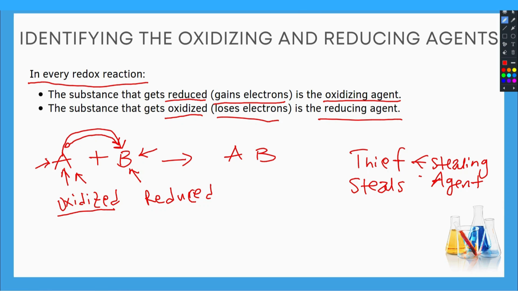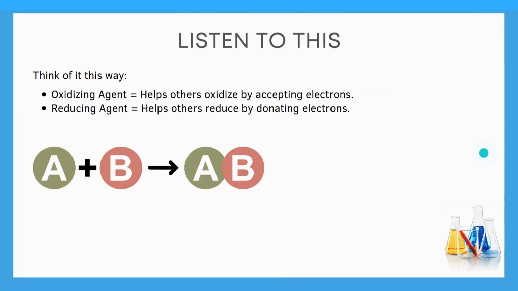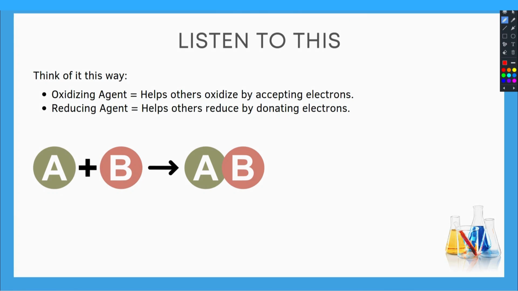So when a substance undergoes reduction, it is an oxidizing agent because it makes the other substance to be oxidized. And when a substance gets oxidized, it is a reducing agent. Now think of it this way. Let me show something to you right now. An oxidizing agent helps others to become oxidized by accepting electrons.